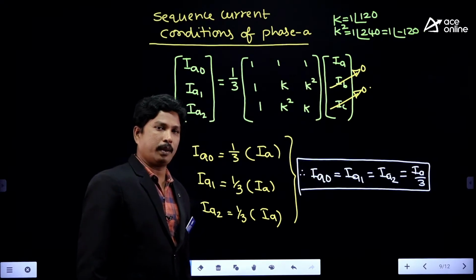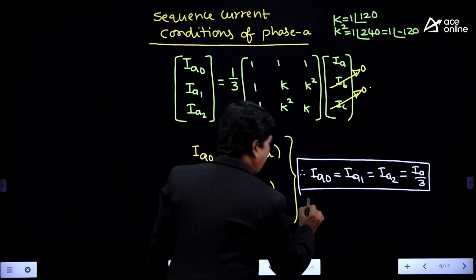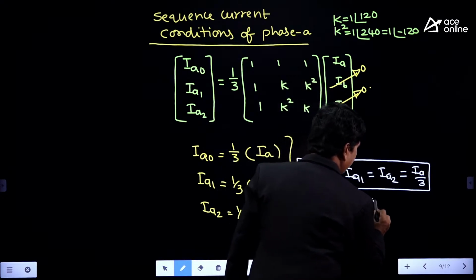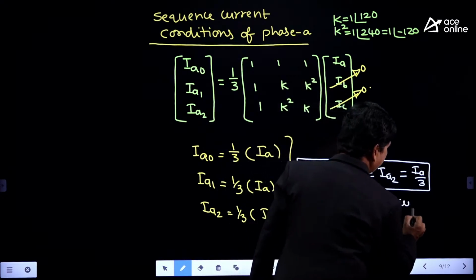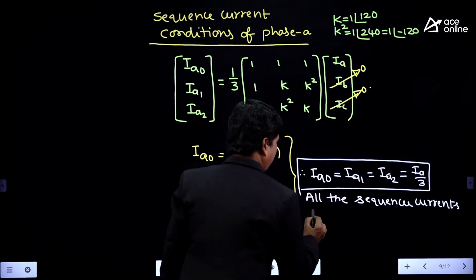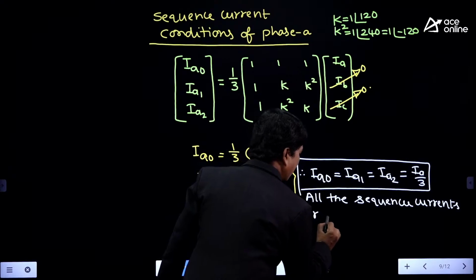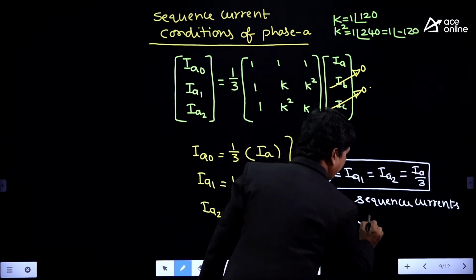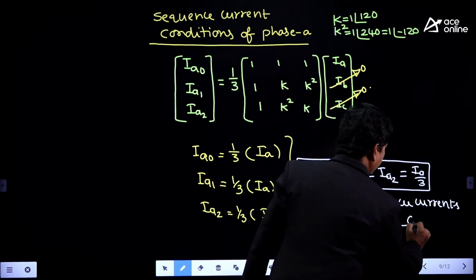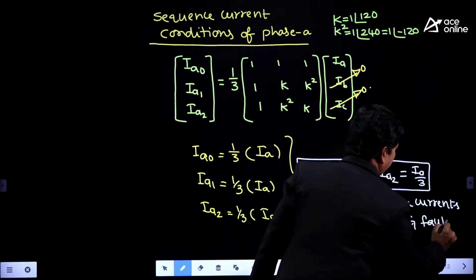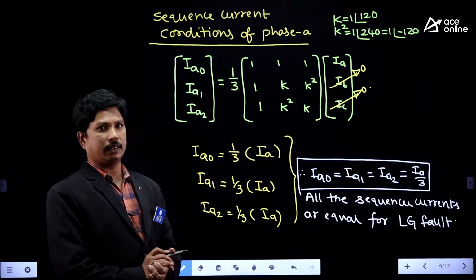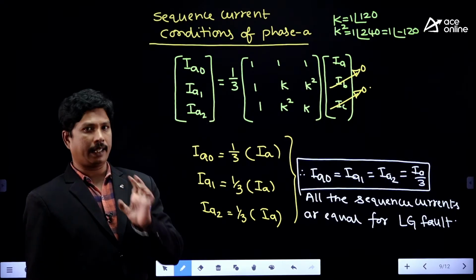So we can say all the sequence currents are equal for LG fault. All the sequence currents are equal for LG faults. That is the condition of the currents.